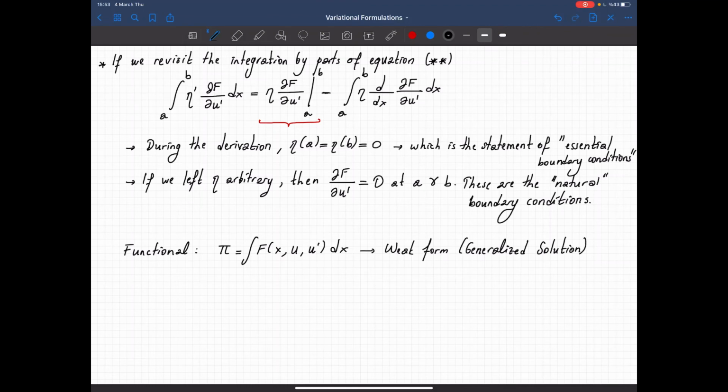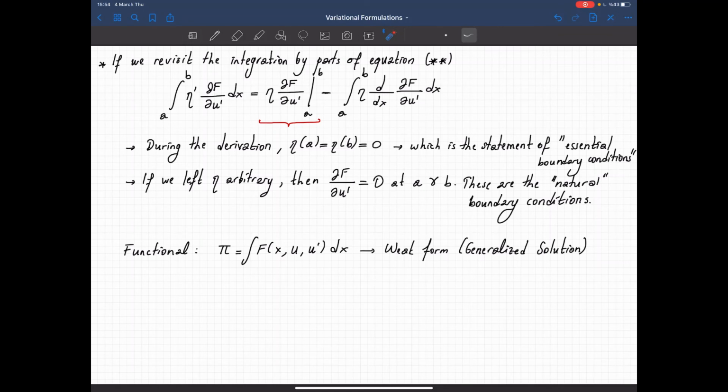The only requirement of this solution is to have the function satisfy this condition. The solution should only satisfy the essential boundary condition. In between this interval, it can be arbitrary.